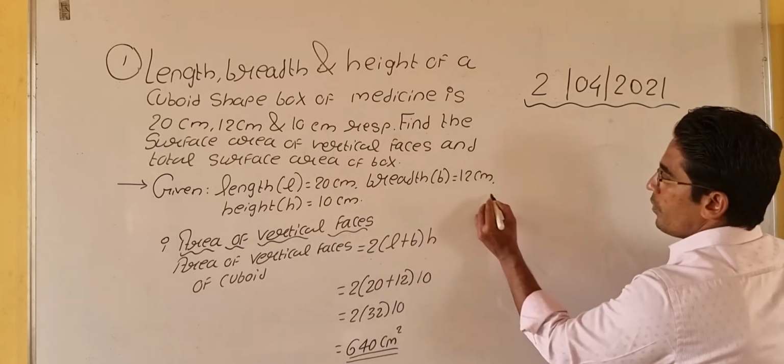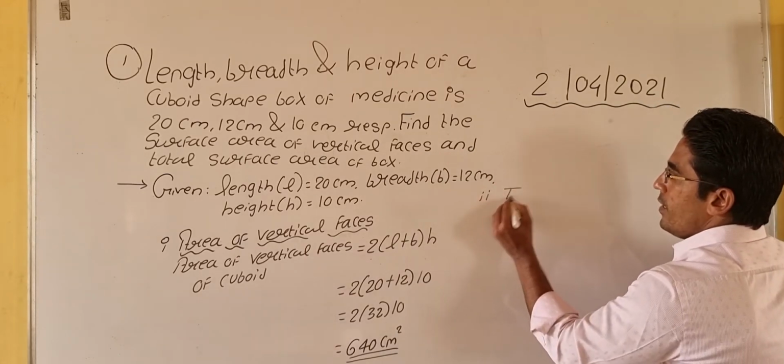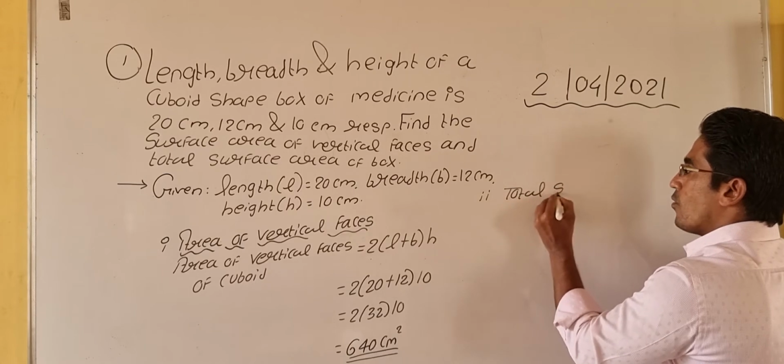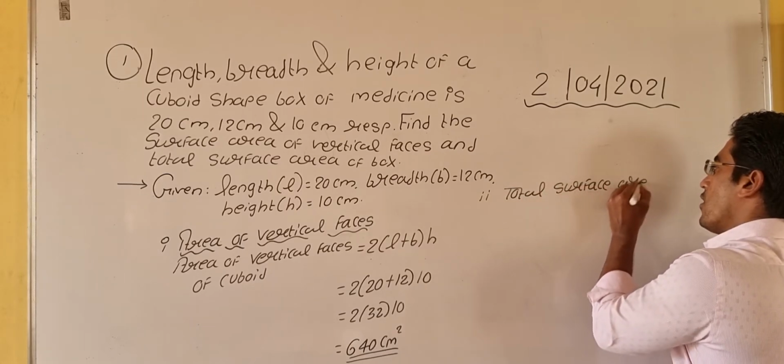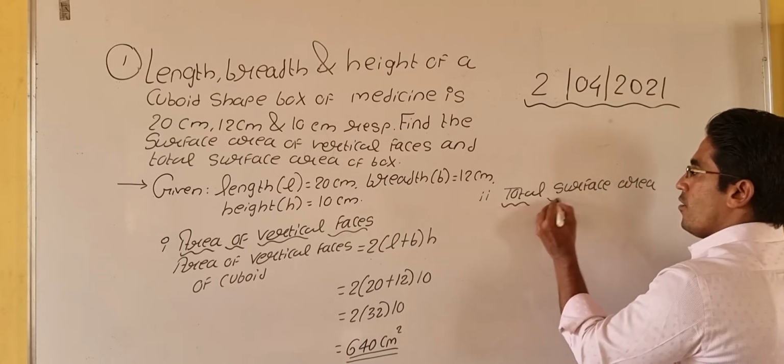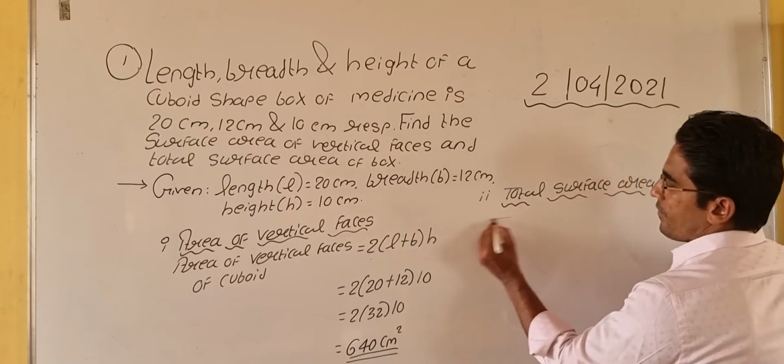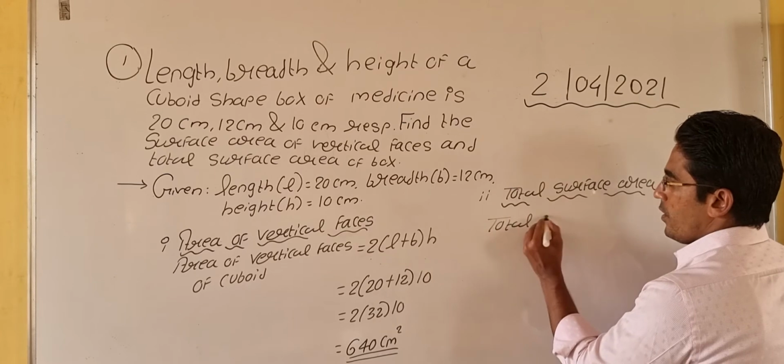Number 2, we have to find out the total surface area. What is the formula for total surface area of cuboid?